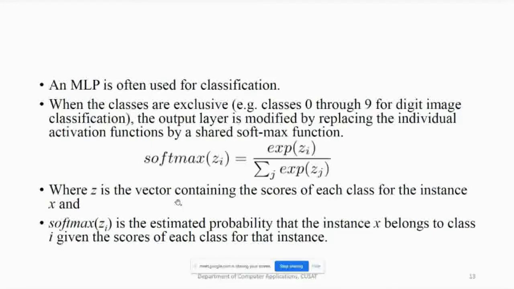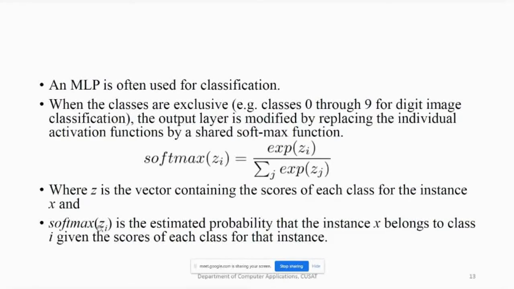So Z is the vector containing the scores of each class for the instance X, and softmax of Zi is the estimated probability. So softmax of Zi gives the probability that the instance X belongs to class i, given the scores of each class for that instance. That means the scores are available in Z. Then by considering these scores, we can compute a probability corresponding to the ith class using this softmax function.